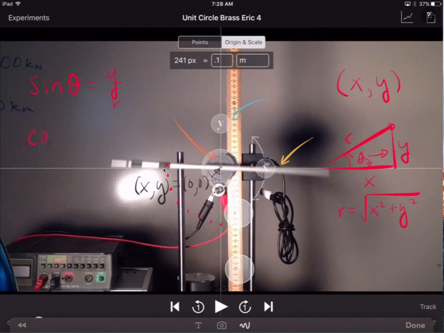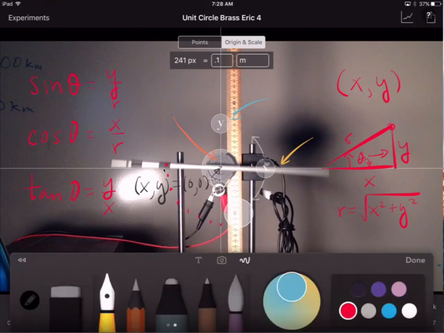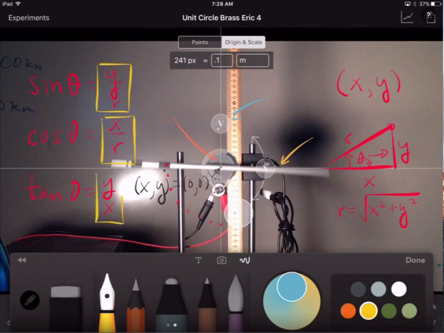And we're going to have cosine of theta as well. That's just going to be x over, not y, but r. And then we'll have tangent of theta, and that's going to be y over x. So these are the functions that we want to define, and the only thing that we're going to use to define these functions will be the following: y over r, x over r, and y over x.